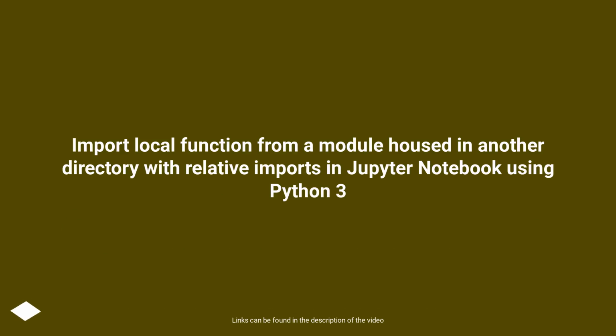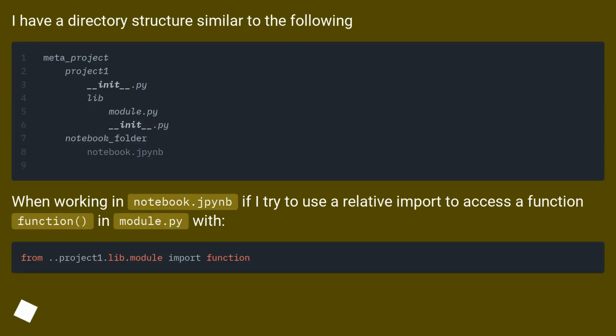Import local function from a module housed in another directory with relative imports in Jupyter Notebook using Python 3. I have a directory structure similar to the following.